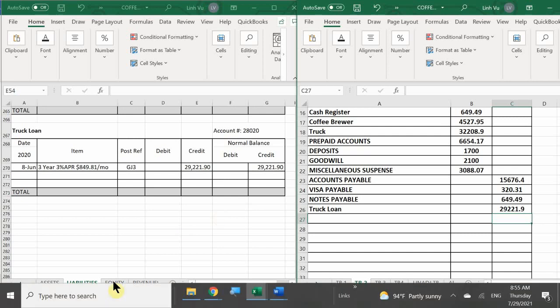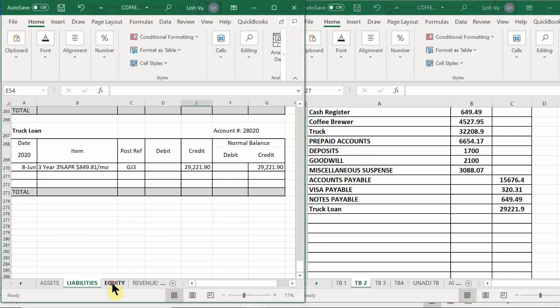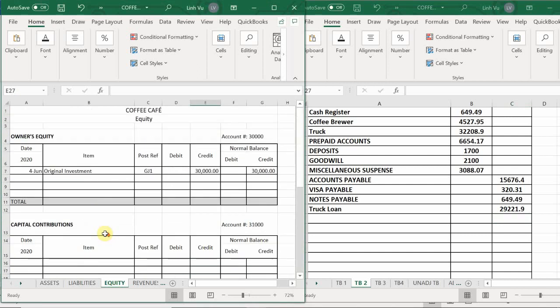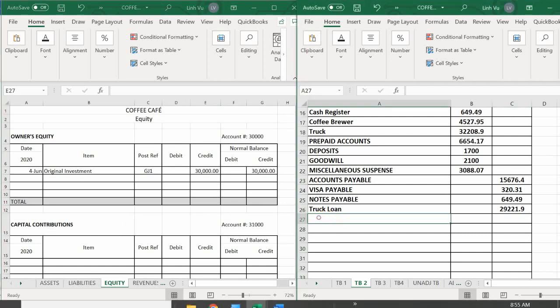So the next step we have to do here is dive right into our equity. Okay, so equity, right? We still have our equity balance here, exactly what we started with.